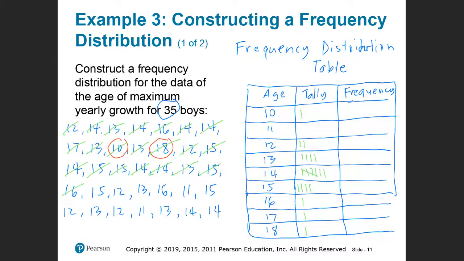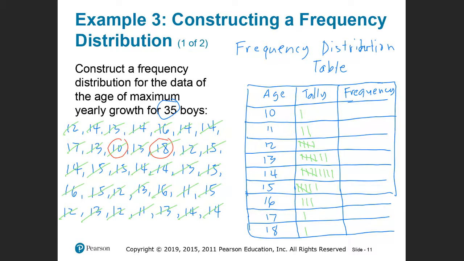Next is 16, then 15, 12, 13, 16, 11, we have 15, then 12, 13, 12, 11, 13, 14, and the last one is 14.